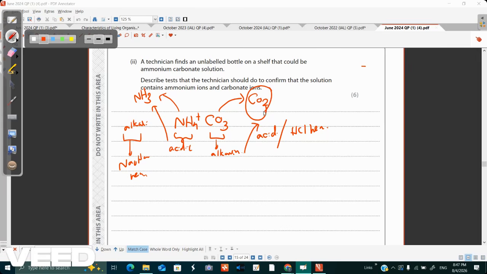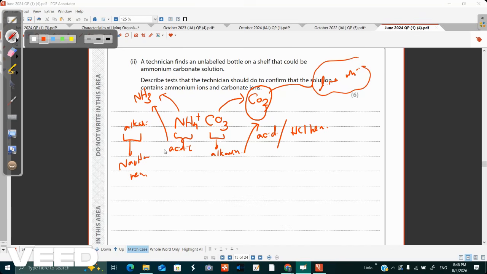When you add HCl, carbon dioxide gas is released. You know how to identify carbon dioxide gas? Lime water turns white, milky. So 3 points are there for that.